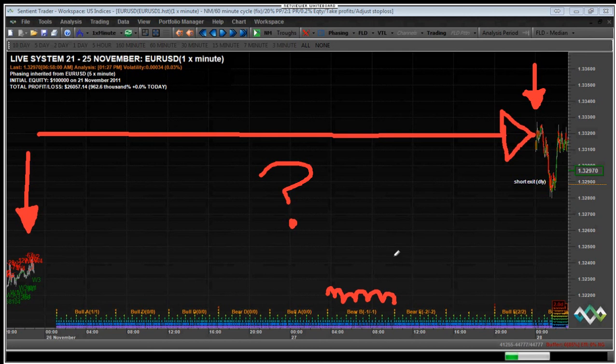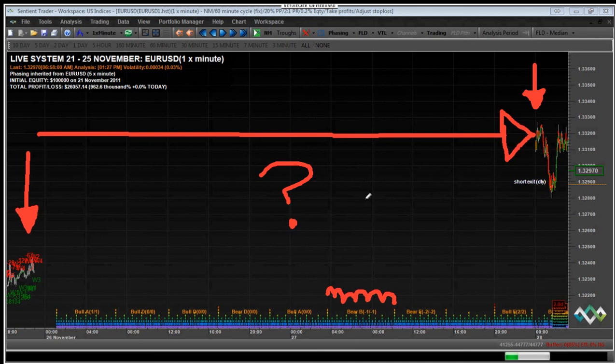So what are the 2 longer cycles than the 1 hour cycle? They are, of course, the 160-minute cycle and then the 5 hour cycle. So Sentient Trader must know where the 5 hour cycle is in its journey through life. It needs to know, in other words, where a 5 hour trough is.